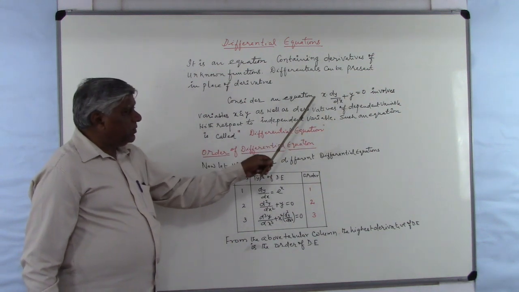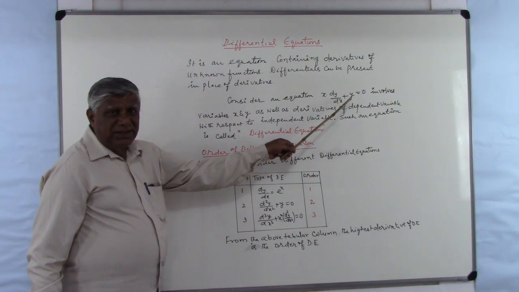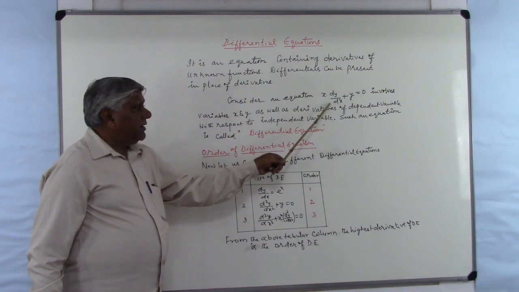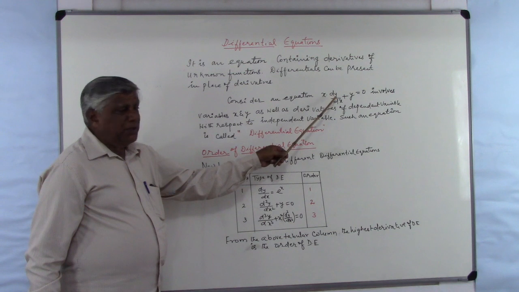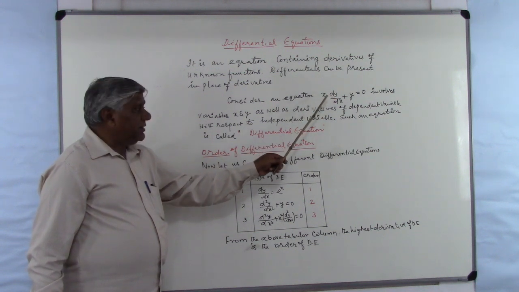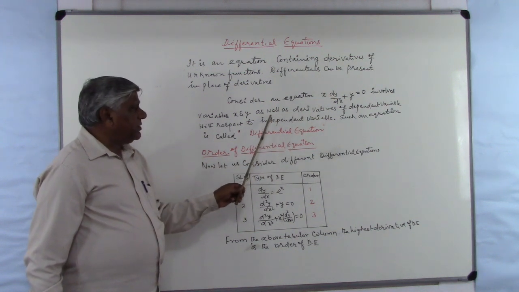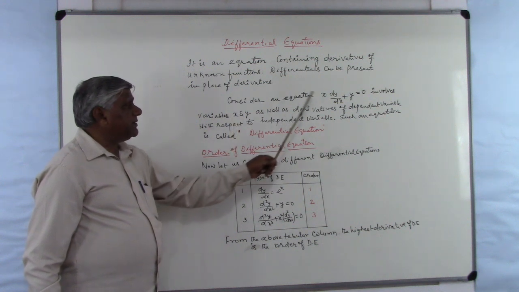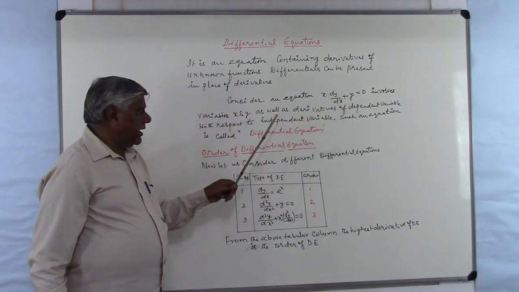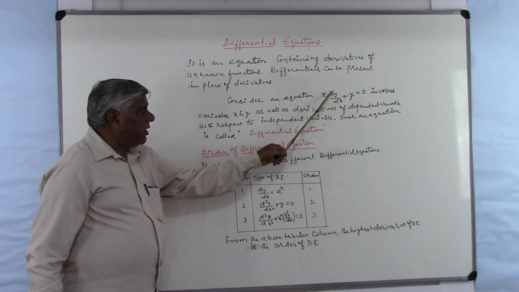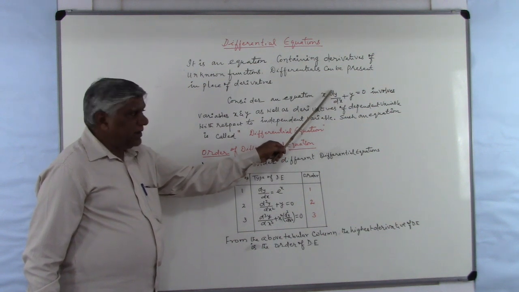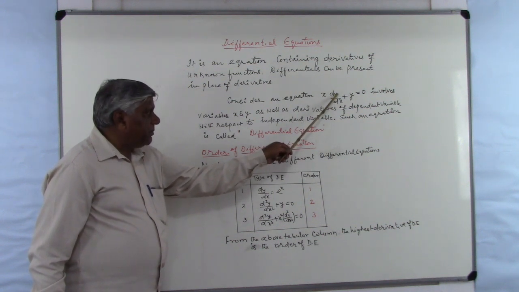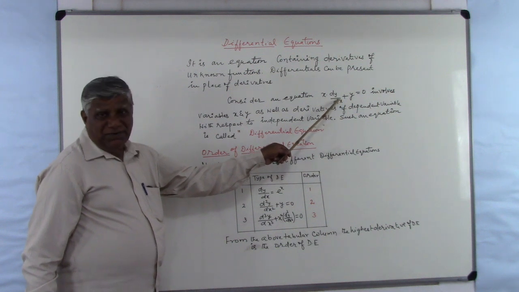This involves both variables and a derivative. dy by dx is a derivative. This derivative involves both variables x and y, as well as the derivative of the dependent variable with respect to the independent variable.